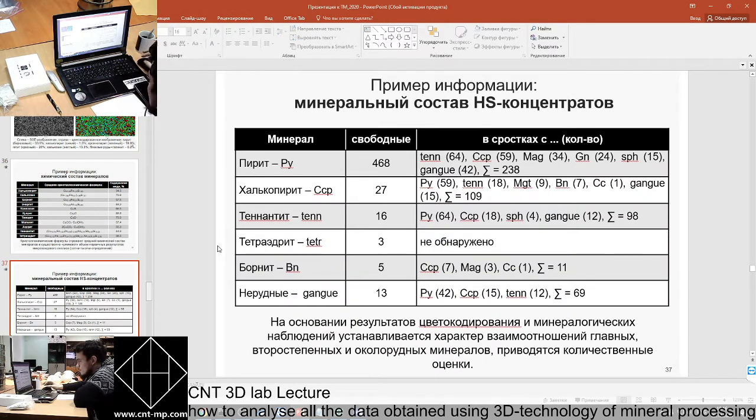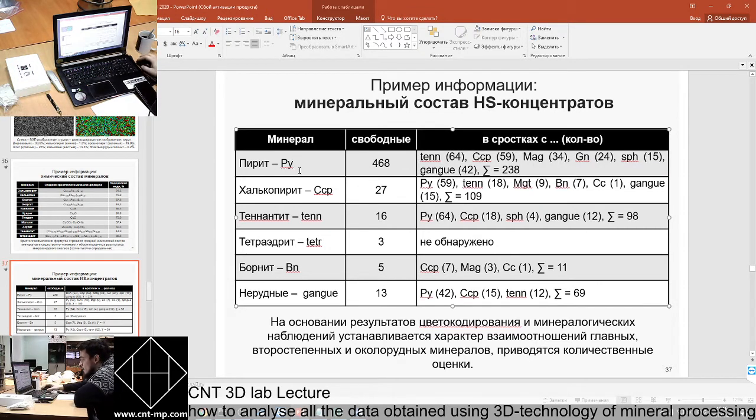And also we make a special statistic table in which we show how many grains we studied, how many of them were fully liberated or stay in intergrowths.